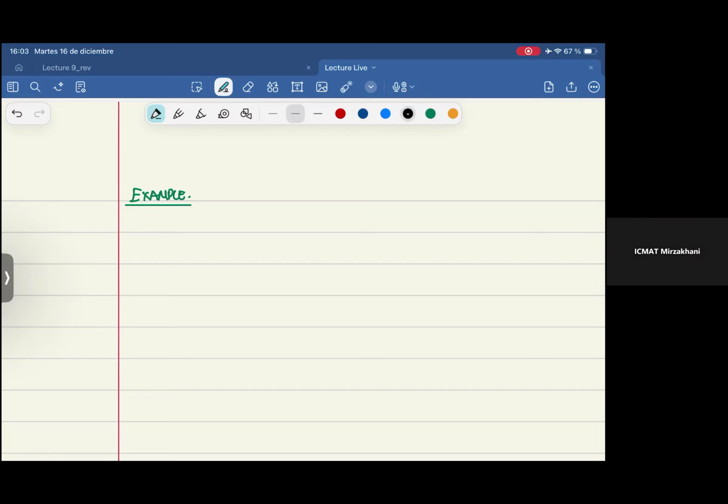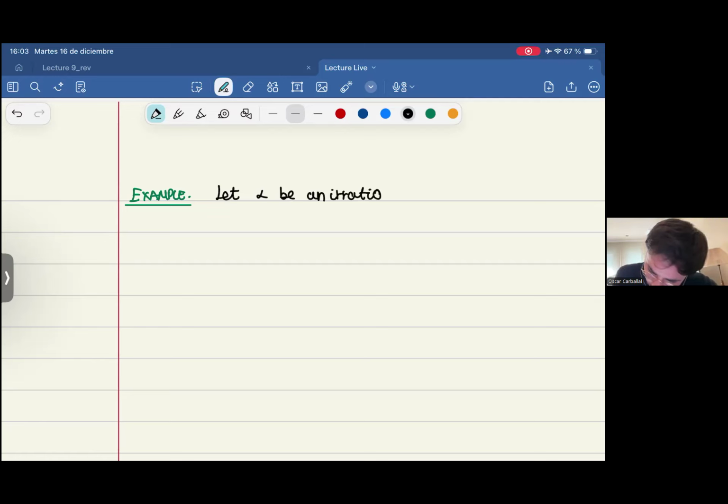Well, so the interesting thing for us now is the following example, which is for pullback groupoids and is about foliation, right? So let alpha be an irrational number, and let us take this vector field on R2 with global coordinates x and y.